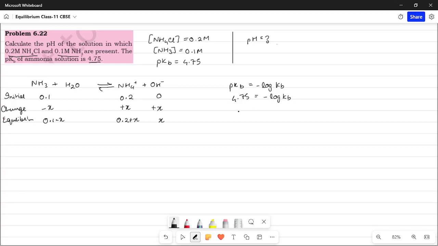Obviously the negative sign can move to that side, and when we take the anti-log, we get Kb equal to 10 to the power minus 4.75. That is equal to 1.778 into 10 to the power minus 5. Okay, so this is the value of Kb.